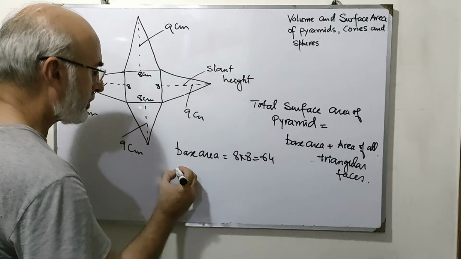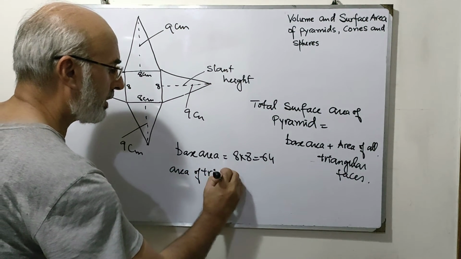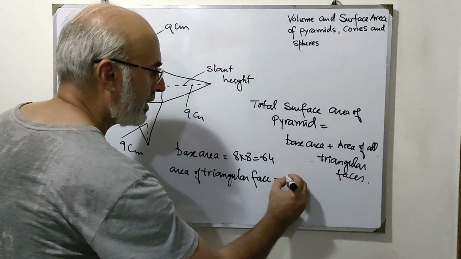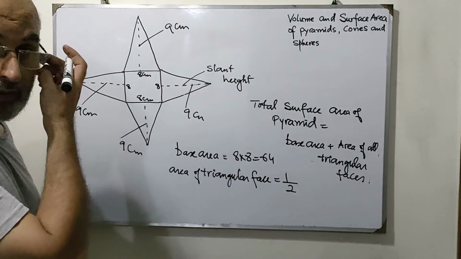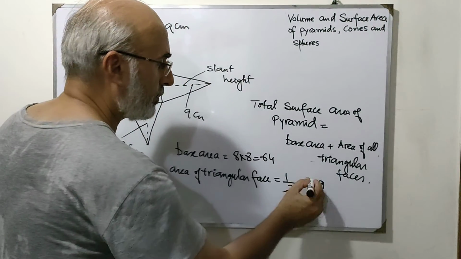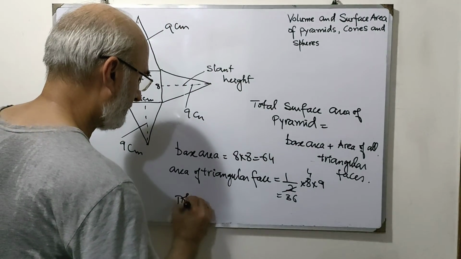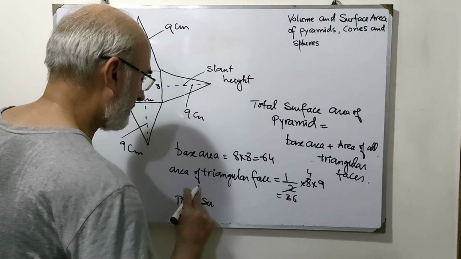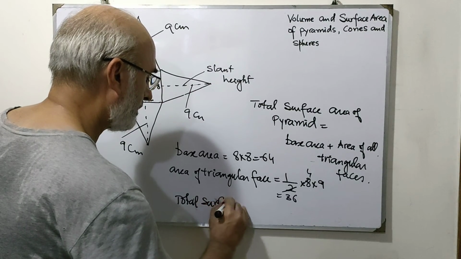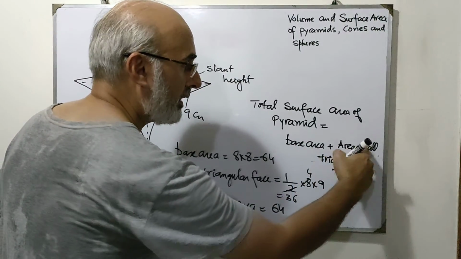So simple. The area of a triangular face is half, which is the formula for the area of a triangle, into base into height. So half into 8 into 9, which is 36. Now the total surface area is base area 64 plus the area of all triangular faces.